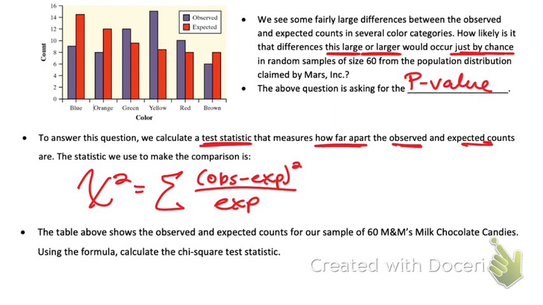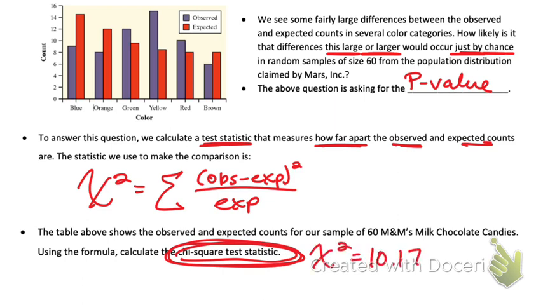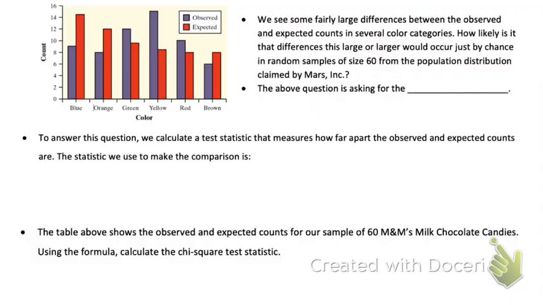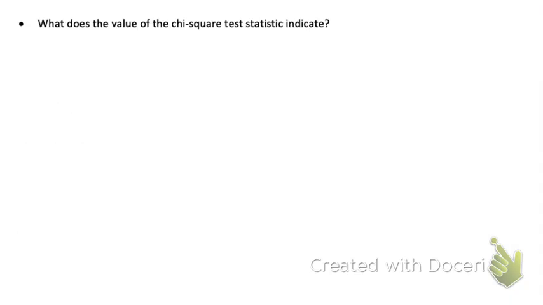That was our chi-squared value, 10.1767. Okay, so that was our chi-square test statistic. And now our final question is, what's the p-value? So let's find out.